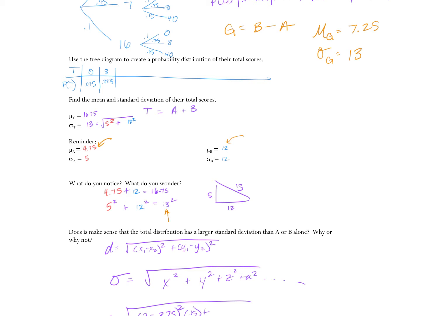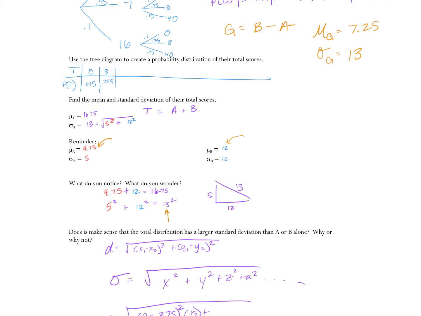Do I know what we're going to spin on spinner A? There's some uncertainty associated with spinner A, yes? And that uncertainty is in fact measured by the standard deviation being 5. Okay? Now, when I spin spinner B, do I have more? I already have the uncertainty.